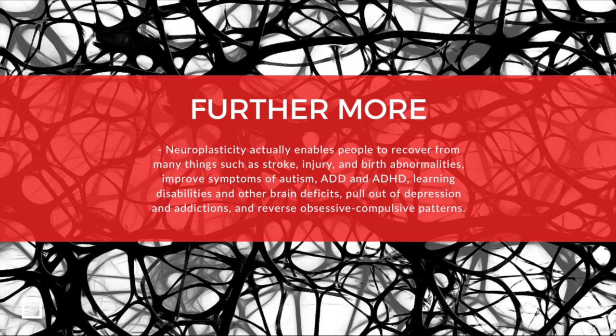Through neuroplasticity, a new cortical map will be formed by eliminating the structure that is no longer useful and trying to switch its functions to another set of neurons that will be connected to the main cortical map. Moreover, things related to ADHD, learning disabilities, depression, and OCD also can be solved through neuroplasticity.